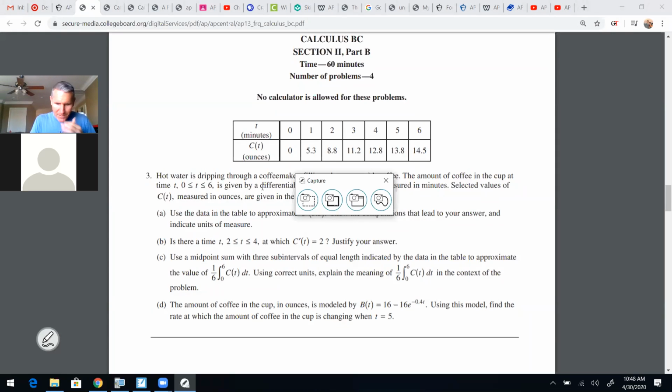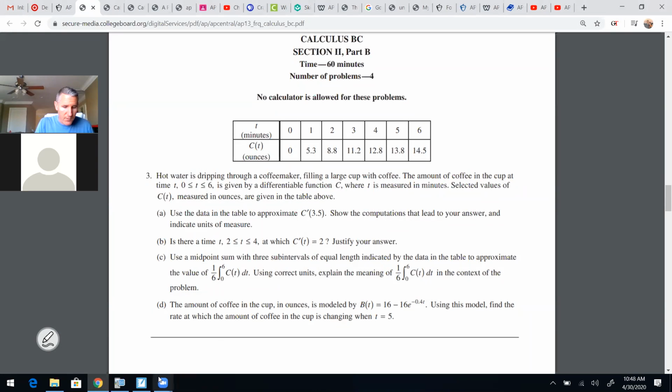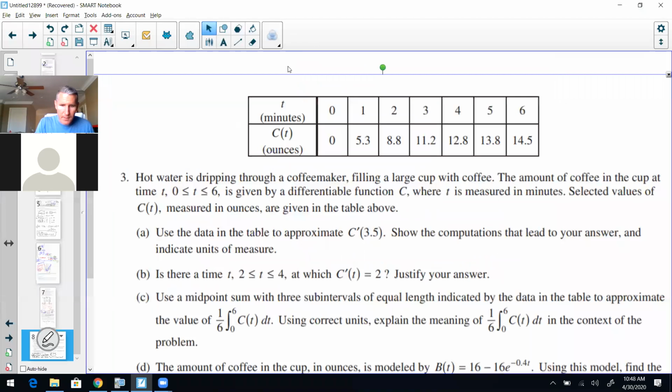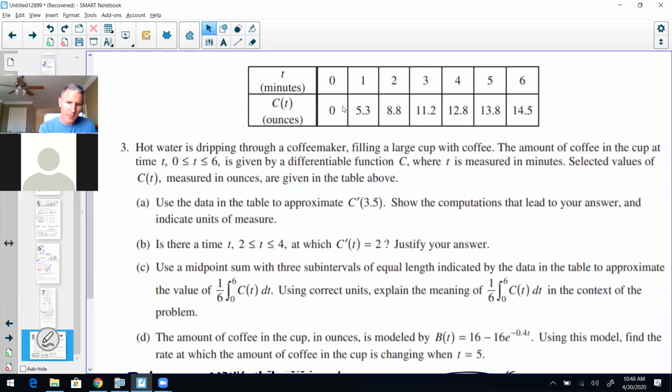Let me write that in here because that's an important thing that they tell us: differentiable function C, where T is measured in minutes. Selected values of C of T measured in ounces are given in the table above.